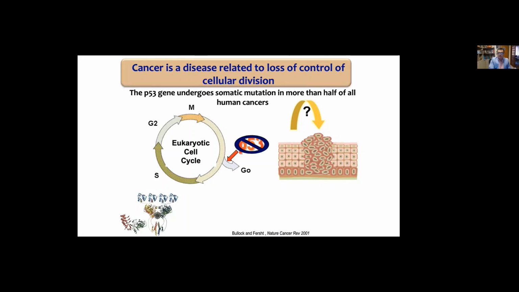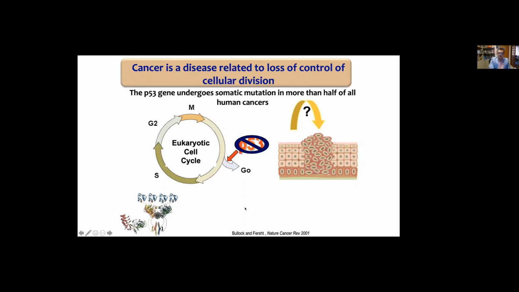In fact, mutations in p53 are present in half of all human cancers, a little bit more than half. What's curious is that this is a somatic mutation, so only one gene is mutated, but for some reason the mutated p53 affects the wild type in a way that gives a dominant negative effect.